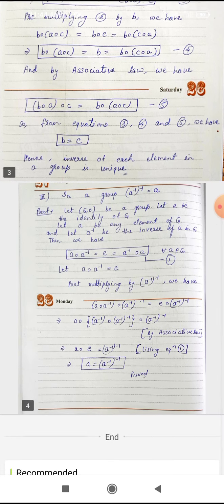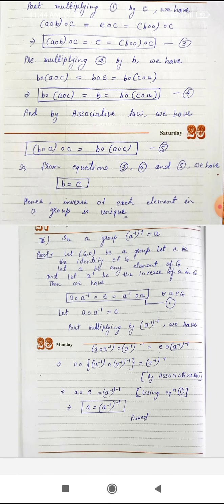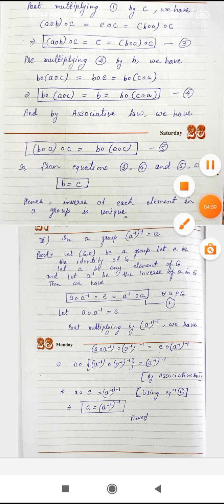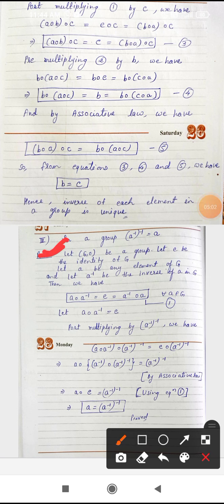Now come to the next property, third property. In a group, a inverse whole inverse is equal to a. We have to prove this. So let G be a group and let e be the identity of G. Let a be any element of G, and let a inverse be the inverse of a in G. In the question we have to use a inverse, so in place of b we will take a inverse.